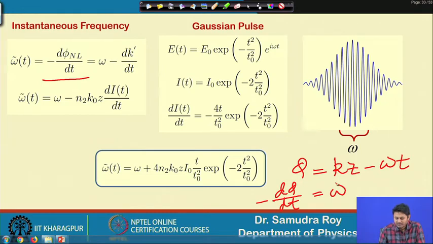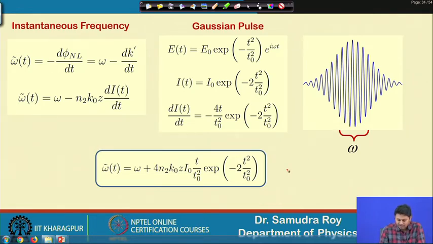This is the frequency of the system, the frequency of a plane wave that is moving. Now, our expression is slightly changed, because we now have a nonlinear phase, and in the nonlinear phase, instead of k we have k prime z minus omega t. What is k prime?